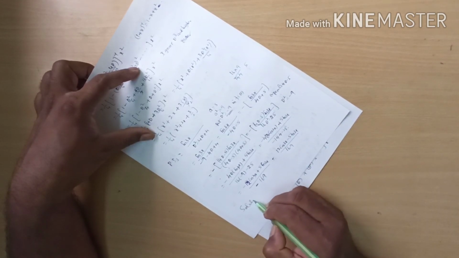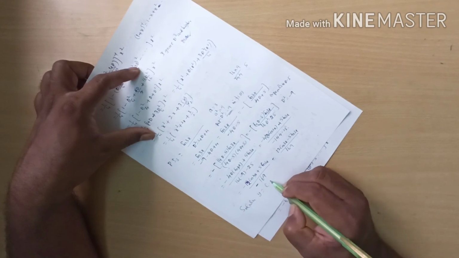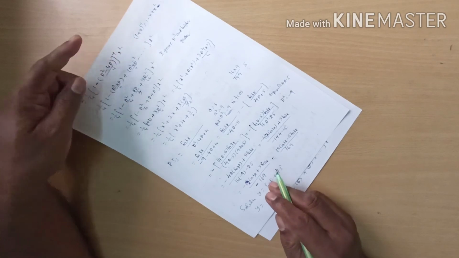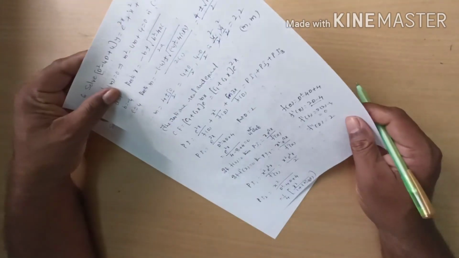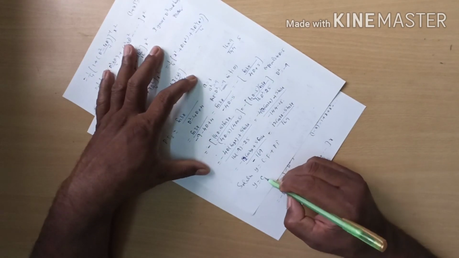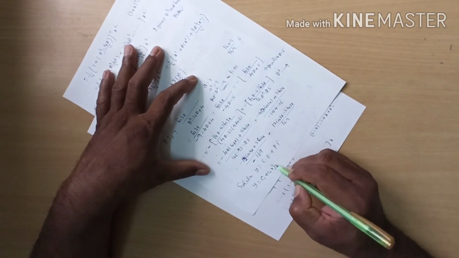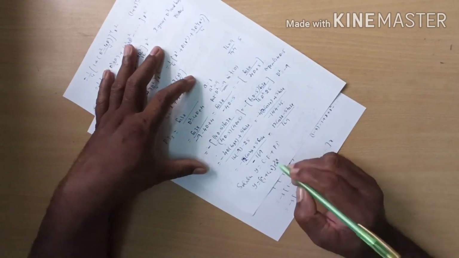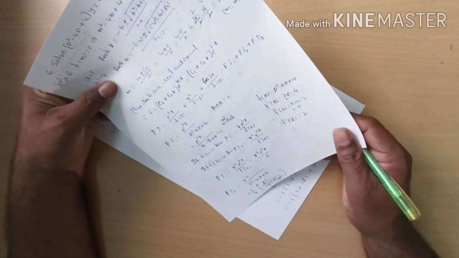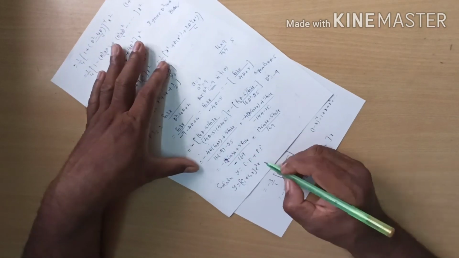Therefore, solution y is equal to CF plus PI. What is CF? CF here has roots 2, 2. Therefore, (C1 plus C2x) into e to the power of 2x is CF. PI1 is x square into e power 2x by 2.